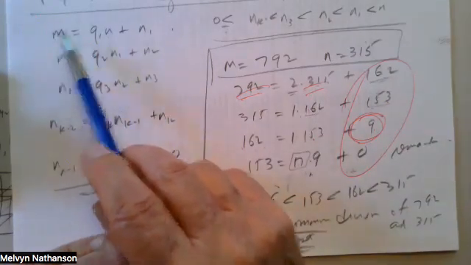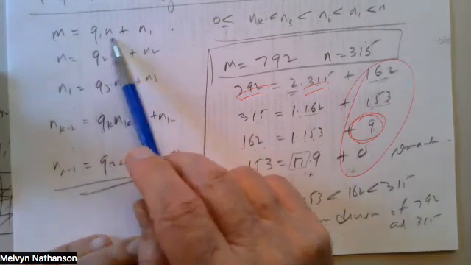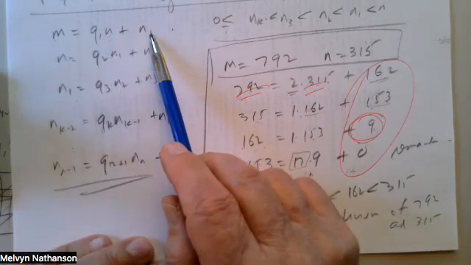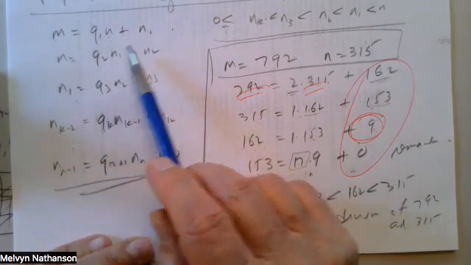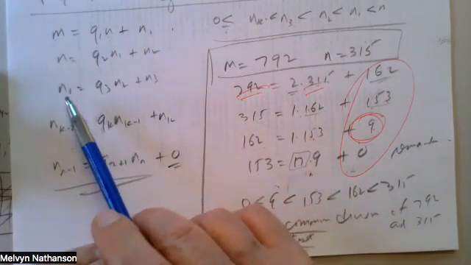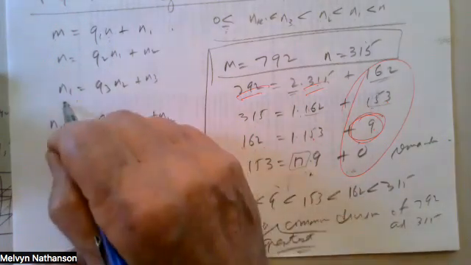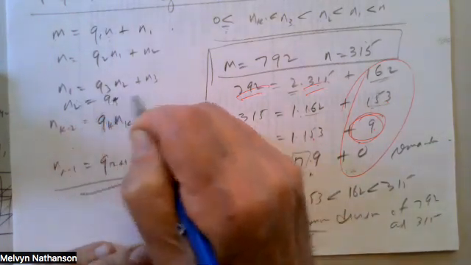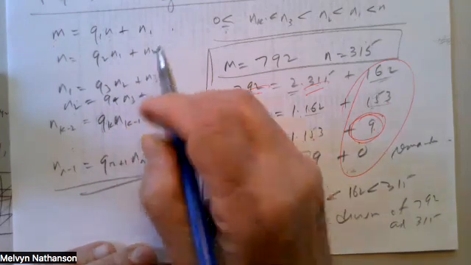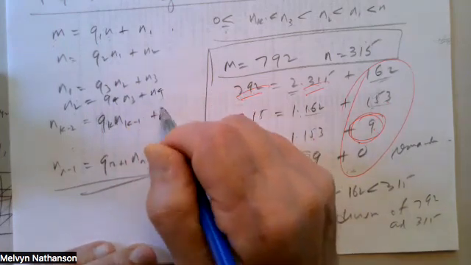Take positive integers m and n, divide m by n, you get a remainder n1. Divide n by n1, you get a remainder of n2. Divide n1 by n2, you get a remainder of n3. Divide n2 by n3, you get a remainder of n4, and so forth.